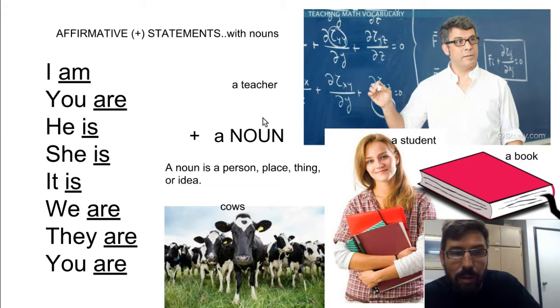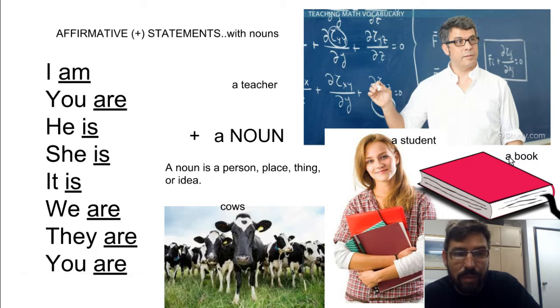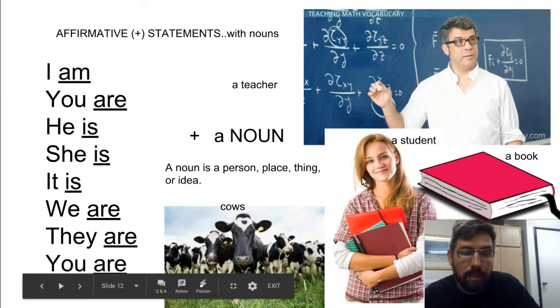So we would either use it is or they are, but if it's just one, we're going to say it is a book. If I have two books, I'm going to say they are books. You see all the cows right here? They are cows, right?